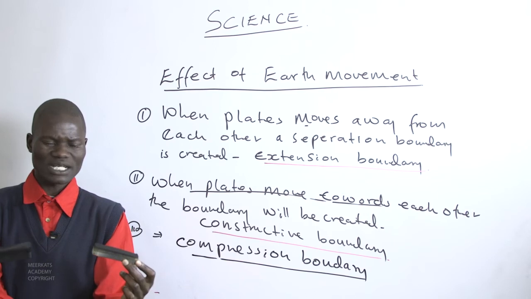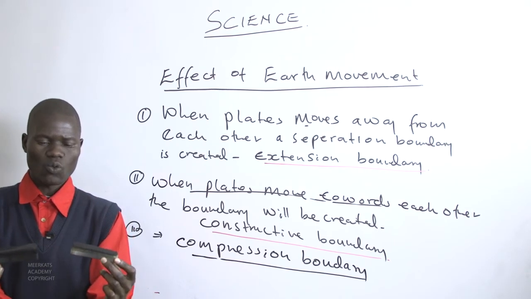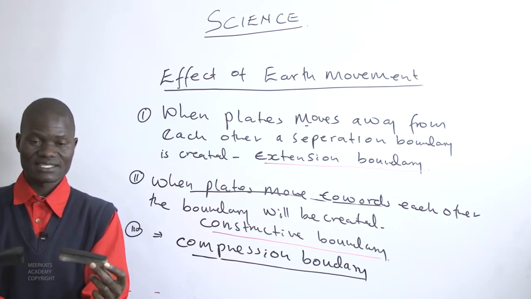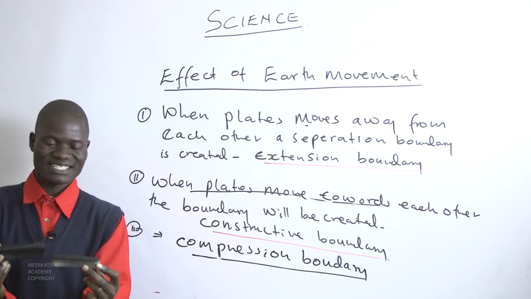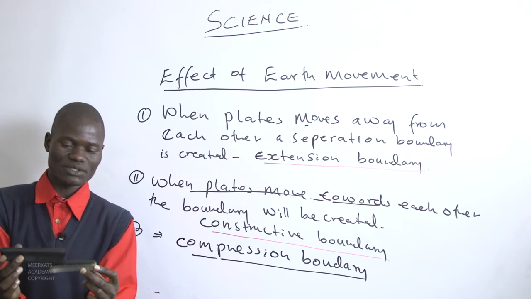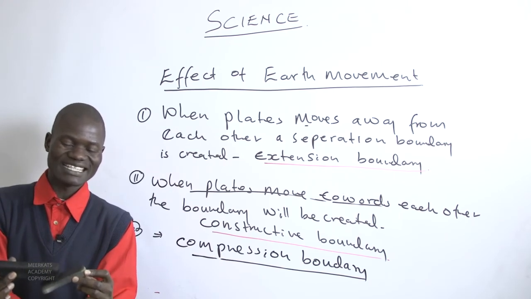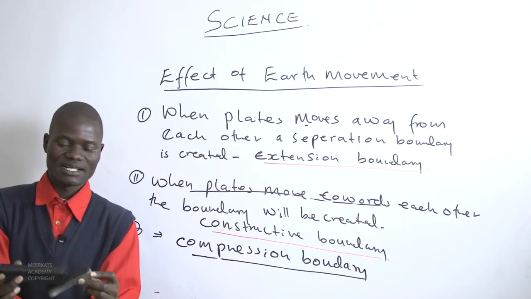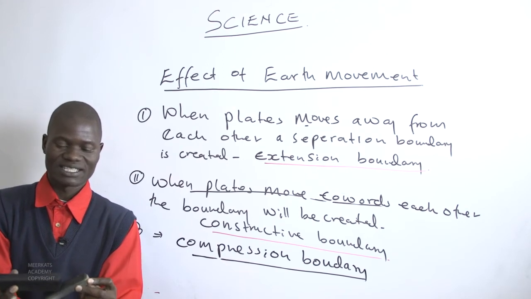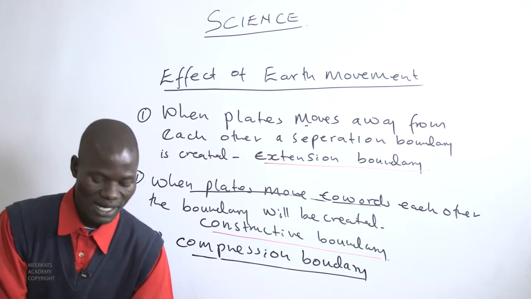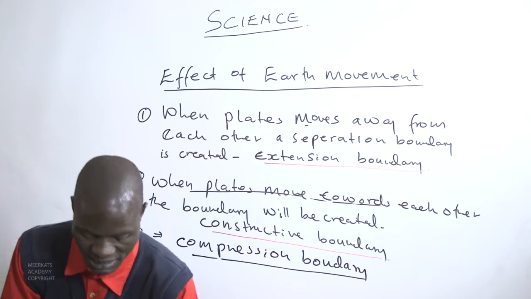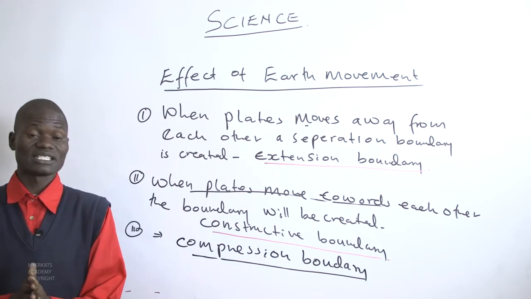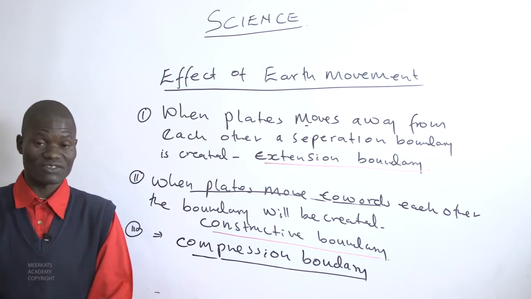When they move closer to each other, the oceanic plate will always sink, and that is the process of subduction. This sinking has created what we call subduction movement, especially along the ocean floor.